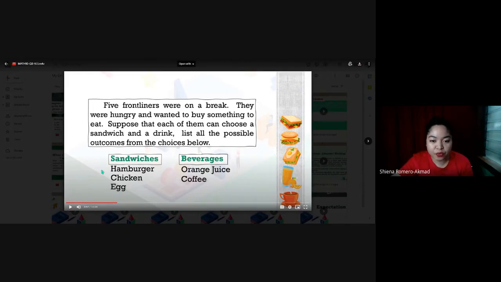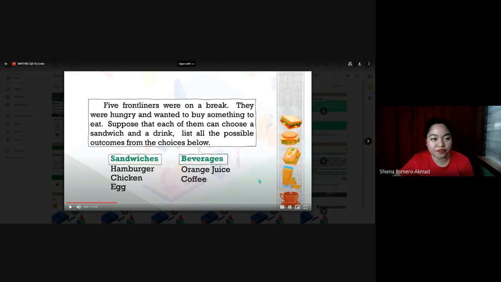So, we are going to list the possible choices na pwedeng pagpilian ng ating mga frontliners. So we have here different sandwiches, hamburger, chicken sandwich, and egg sandwich. Then we also have the beverages. We have the orange juice and the coffee.